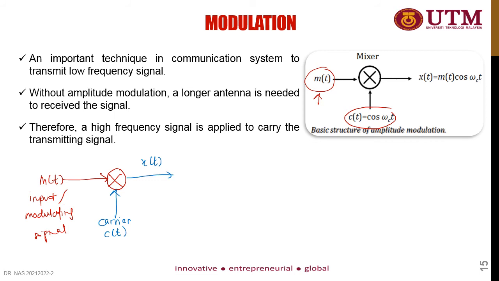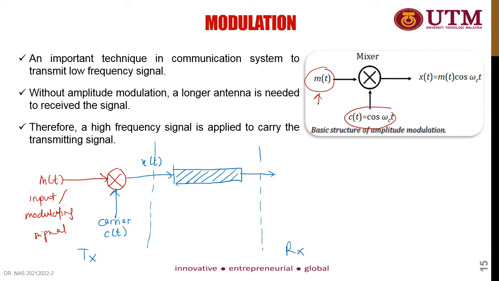The signal will be transmitted via a channel or transmission medium until it reaches the receiving end. The first part is the transmitter part, and the final part is the receiver part.